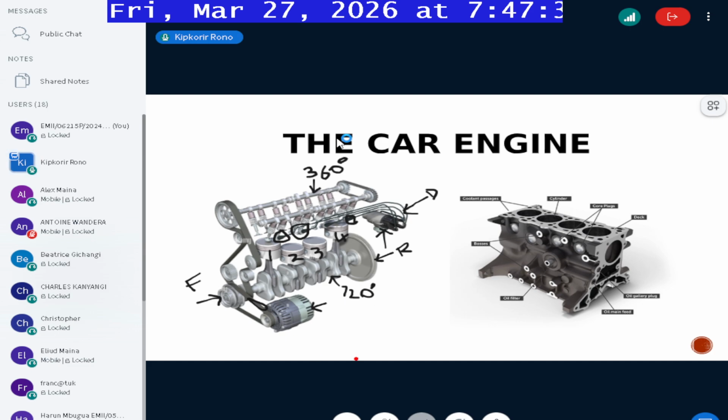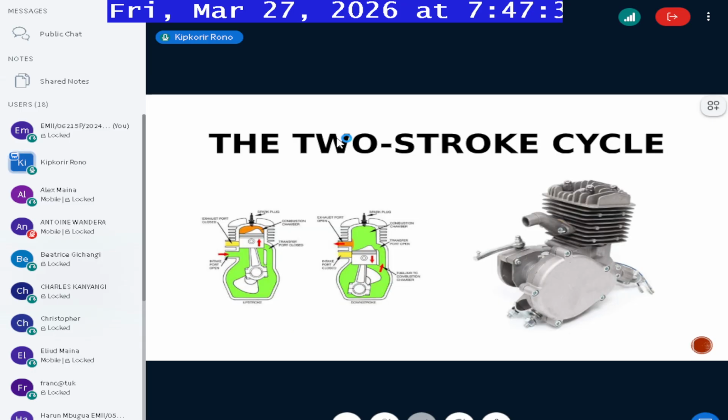Now, for a two-stroke, this crankshaft you see here, a complete cycle is 360 degrees. So one complete revolution of the crankshaft is one complete cycle. Remember that.